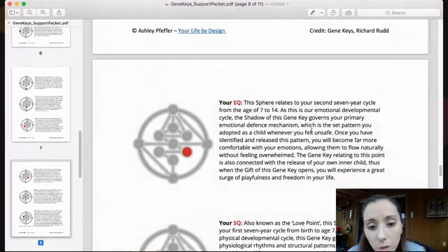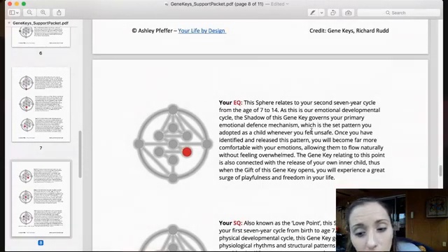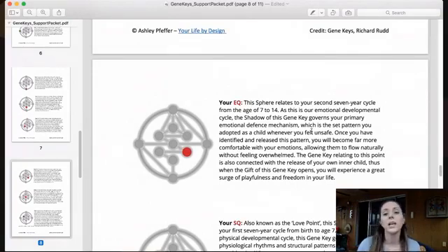You will become far more comfortable with your emotions when you identify and release the pattern. You allow your emotions to flow naturally without feeling overwhelmed. This gene key is also connected with the release of our inner child. Thus, when the gift of this gene key opens, you will experience a great surge of playfulness and freedom in your life.